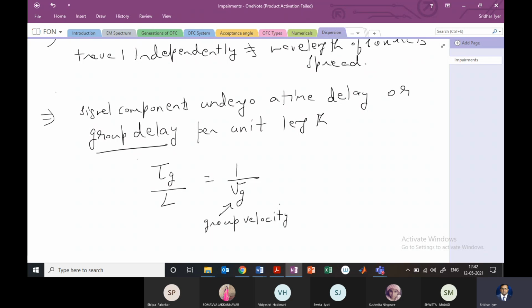Now we would want all this energy to travel together, but because of change in velocity they will be traveling independently, but totally it is known as the group velocity, and this is given as 1 by c, where c is the speed of light, d beta, where beta is the propagation constant, divided by d k, where k is 2 pi by lambda, right? So beta is the propagation constant and k is the value 2 pi by lambda.